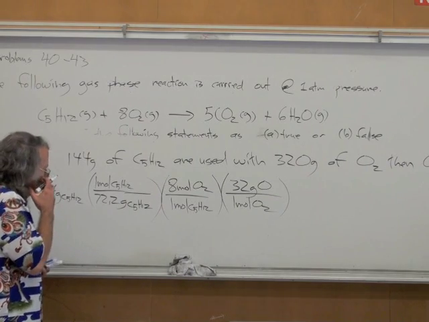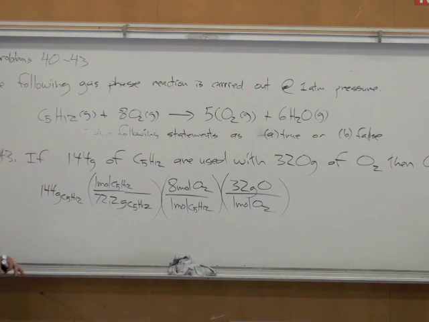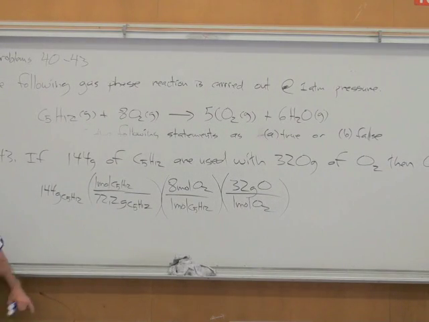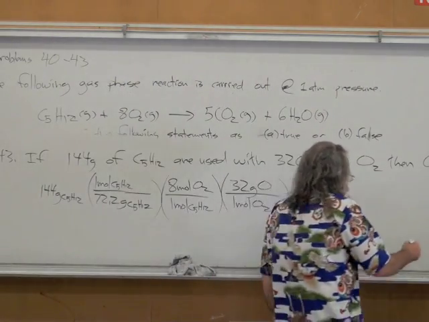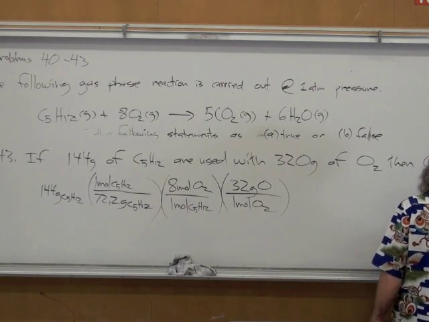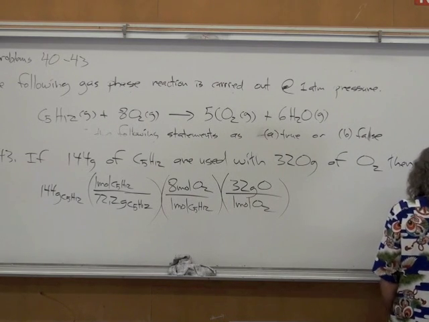Okay, now, this is again a straight up mathematical calculation. I've got 144 divided by 72.2, which is 2. 2 times 8 is what? 16, so I have to multiply 32 times 16. 2 times 6 is 12. 3 times 6 is 18, 19.